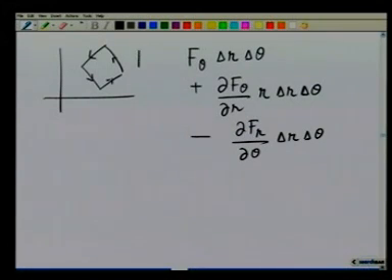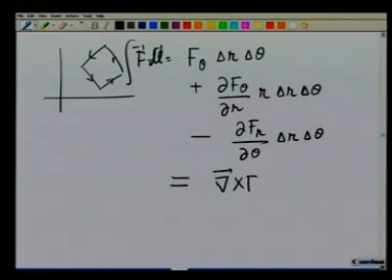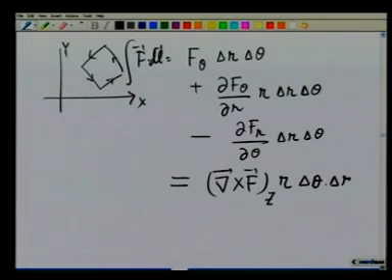This is f·dl. By definition, or by Stokes theorem, this must be equal to the curl of f coming out of the screen. This is x, this is y. So, that will be the z component times the area, which is r Δθ times Δr, and that gives me the z component of the curl of f.